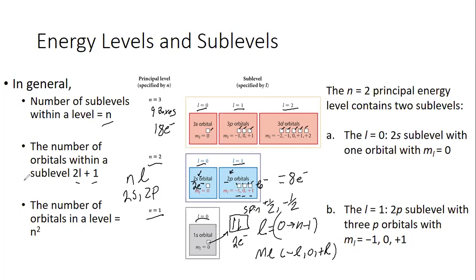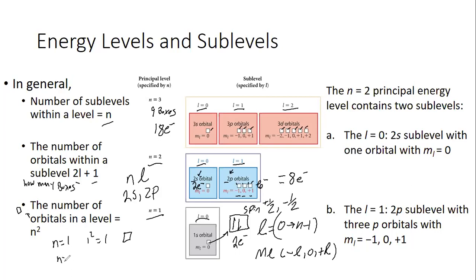So this is how many boxes for each L. And the number of orbitals in total, another way you can do that is n squared. So if n equals 1, 1 squared is 1. So you only get 1 box. And every time you see orbital, that's these boxes. So these orbitals are boxes.